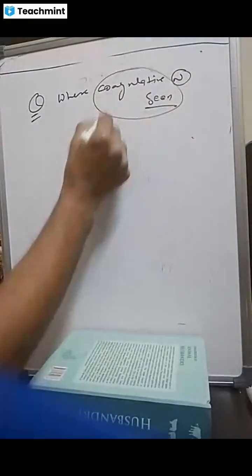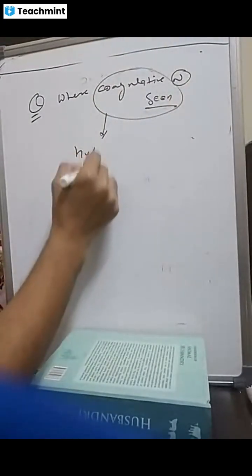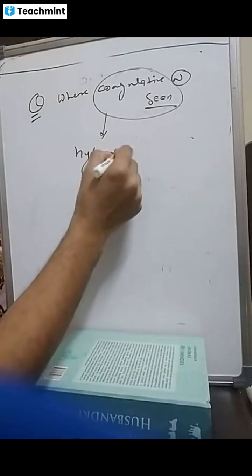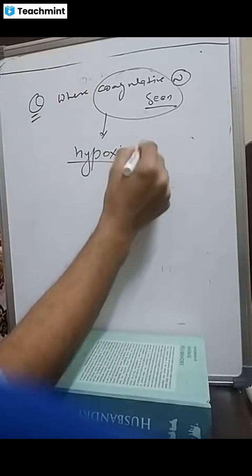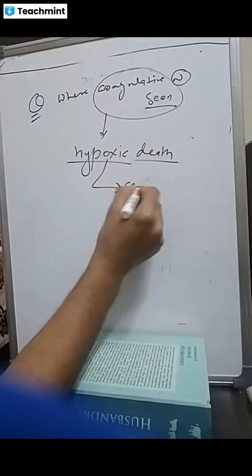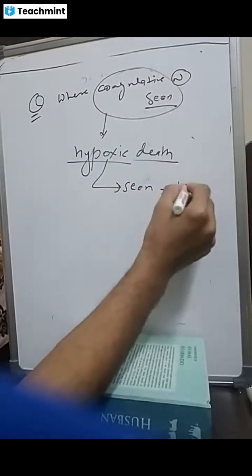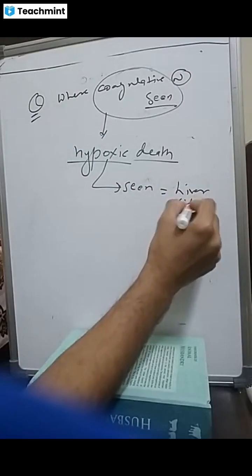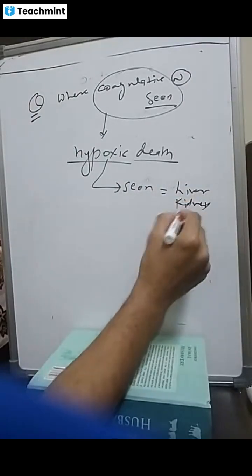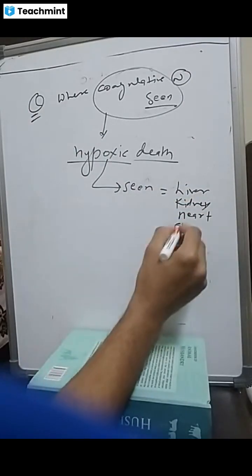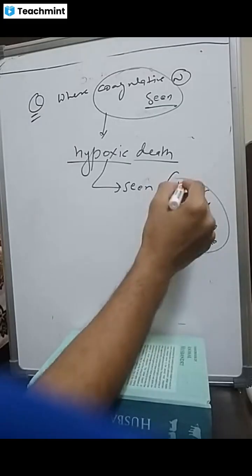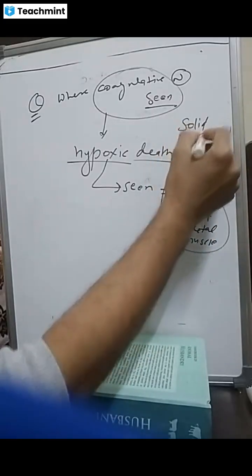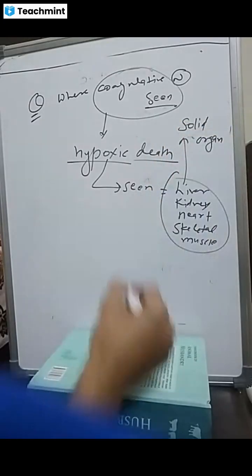So coagulative necrosis is mostly seen in liver, kidney, heart, or skeletal muscle, all solid organs with collagen stromal support.